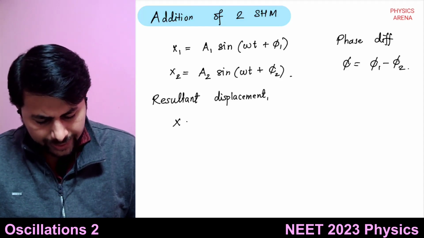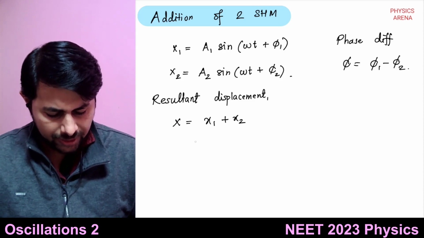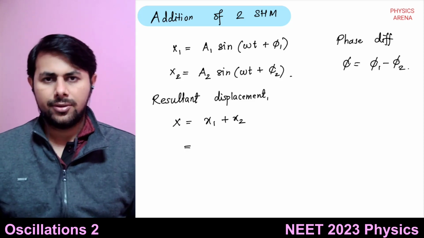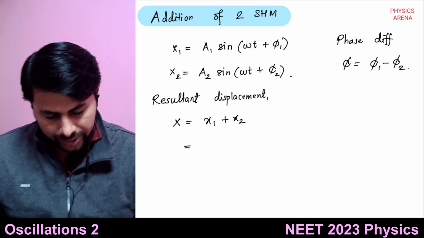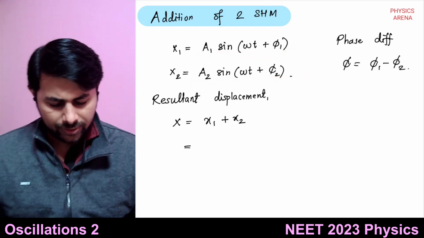So x will be equal to x1 plus x2, right? So let's put x1 equals this, x2 equals this.